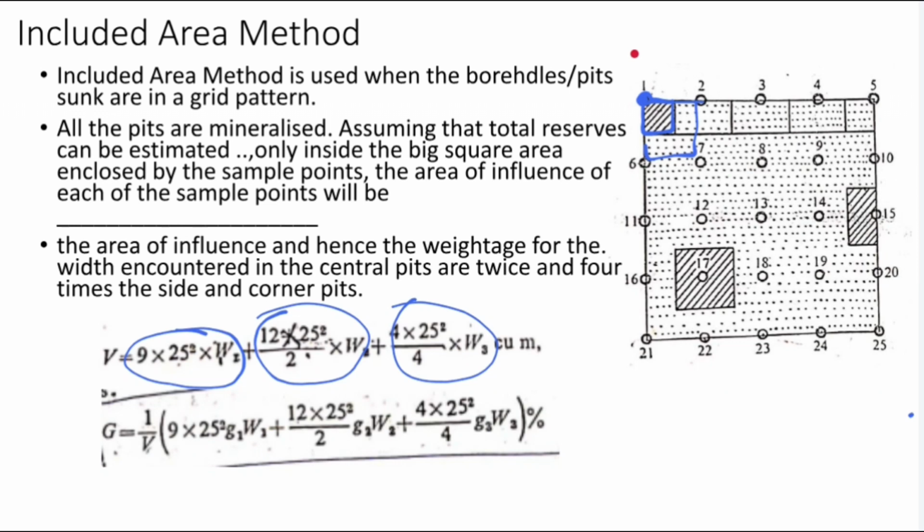While calculating width, you can take the average width for these quarter areas, that is W3.